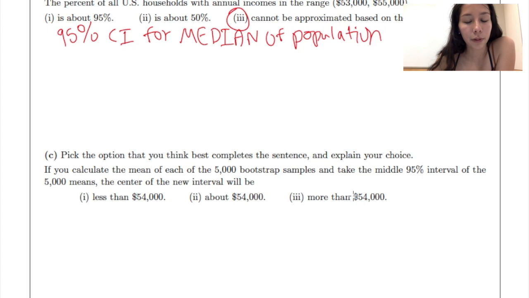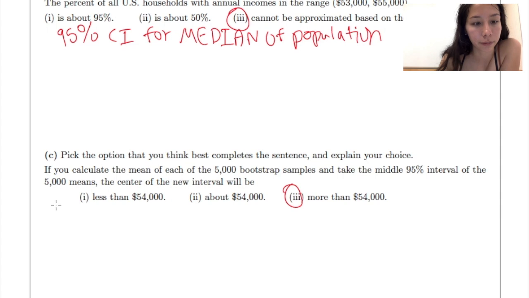So if we're looking at the mean, it's probably going to be more than 54,000, because means will tend to have a long right-end tail, which skews it upward in terms of household incomes.